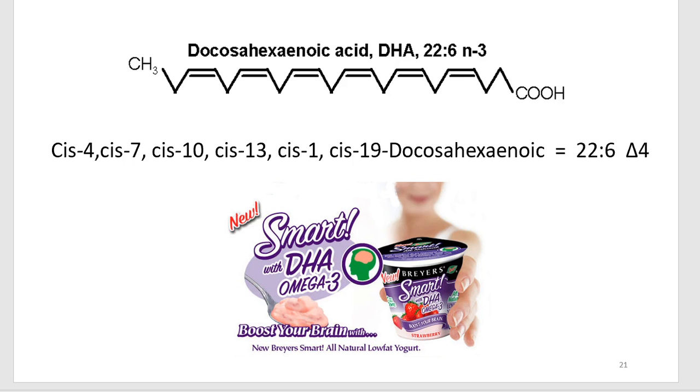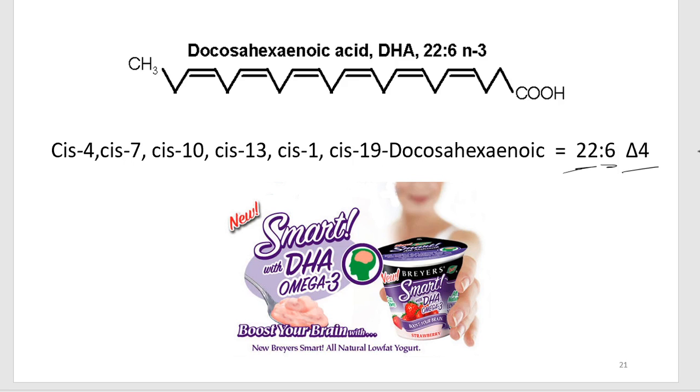It's another example. It's DHA, an omega-3 fatty acid. Again, we have 22 carbons, 6 double bonds. If we use delta naming, the position of the first double bond is at carbon 4.